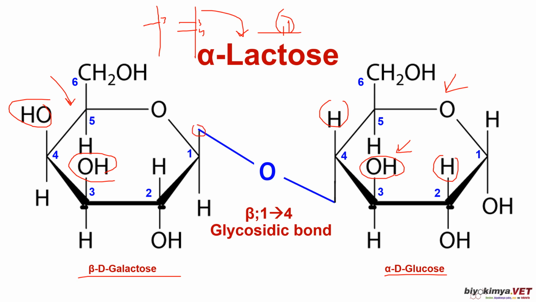And here the beta galactose donates its hydroxyl group at the hemiacetal structure, which turns into full acetal, the alcoholic group. Because lactose carries a free hemiacetal in the glucose moiety, it has a reducing feature.